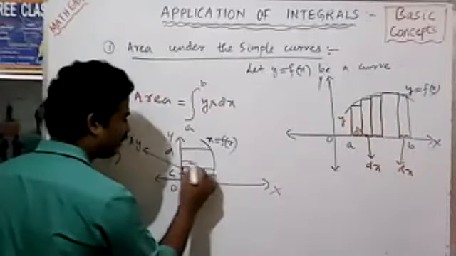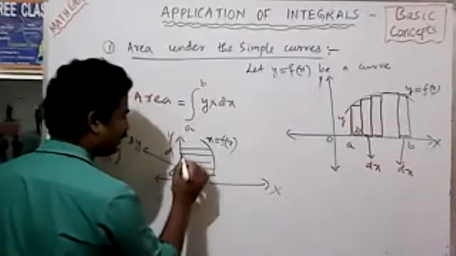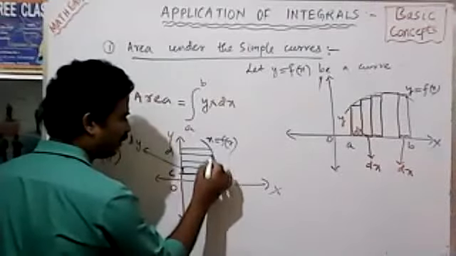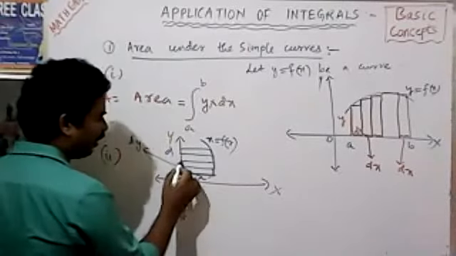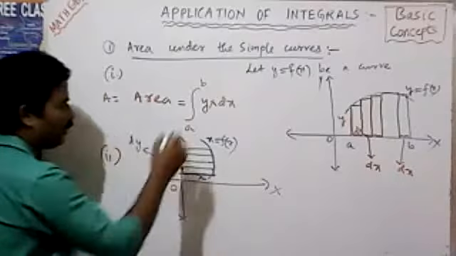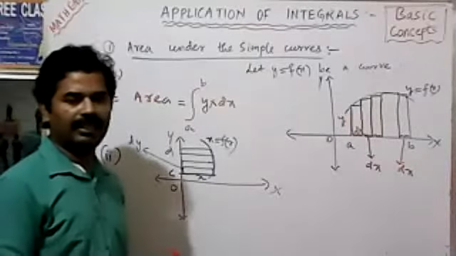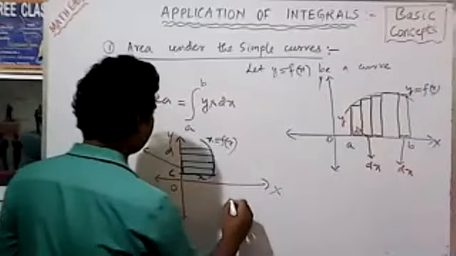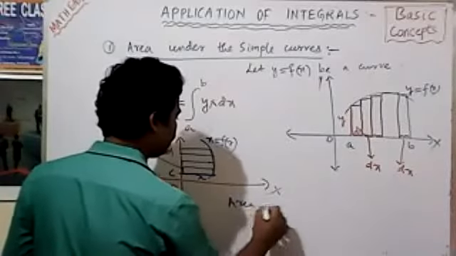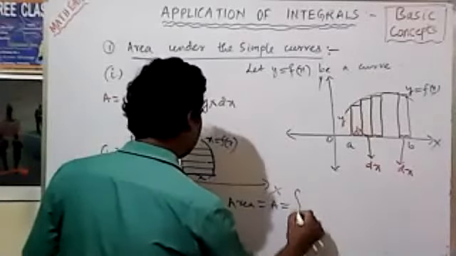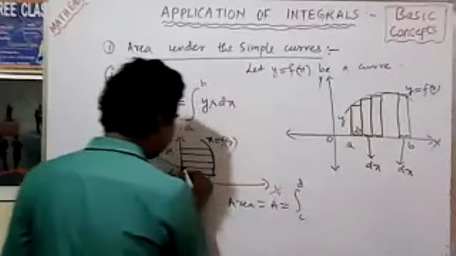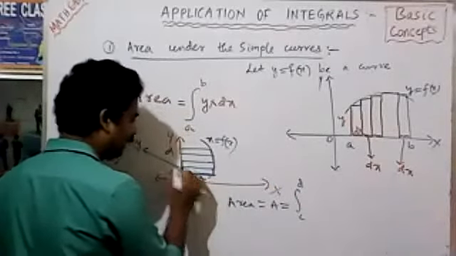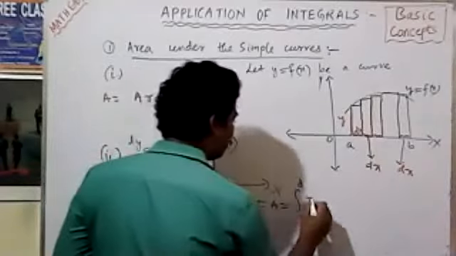So for this length, similarly you generate small strips, the strips become rectangles, and the sum of those rectangle areas is the total area bounded by the curve from C to D. That means here the area A is equal to the integral from C to D of length into breadth, that is x into dy.